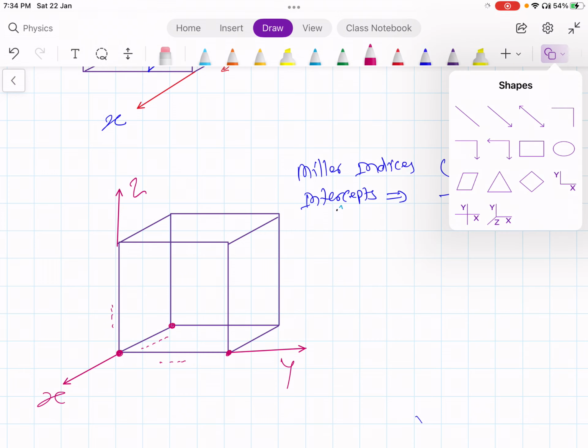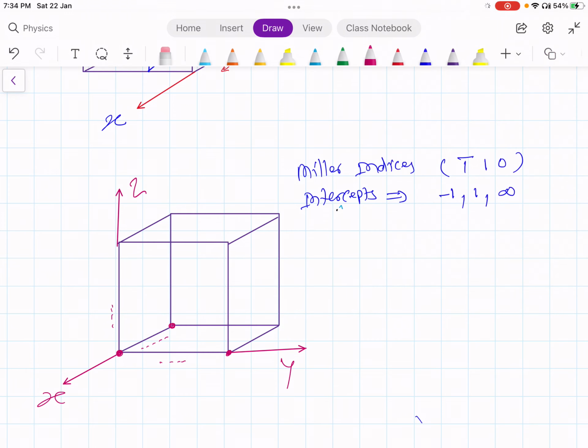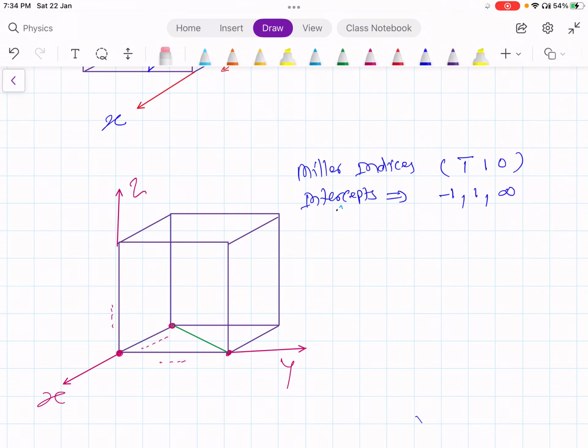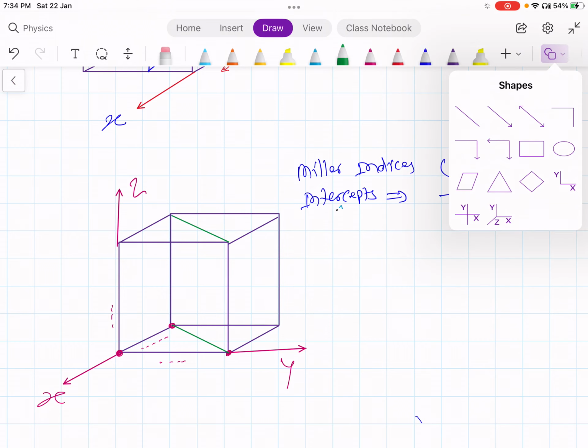And if you draw a line connecting these 2 points, you will get a single line. This is not the plane, this is a single line. So you have to draw the plane. To draw the plane, you have to consider this part also. And the plane is this.